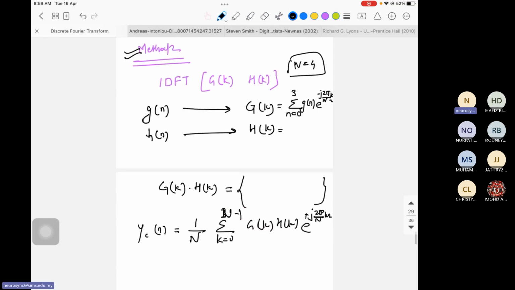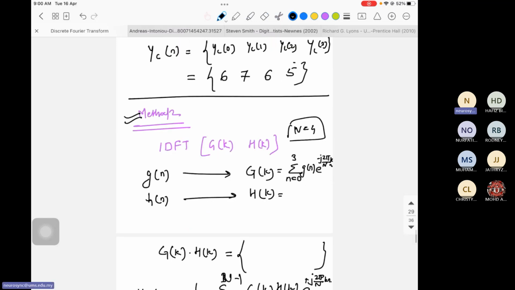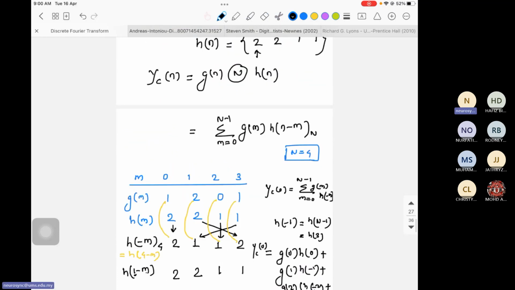Okay, now can you calculate g of k and tell me the answer? Please calculate g of k. Calculate g of k first. So g of n is given. What was g of n? g of n is 1, 2, 0, 1.